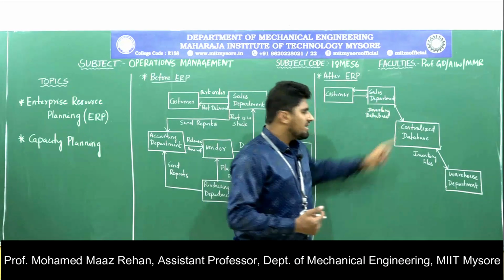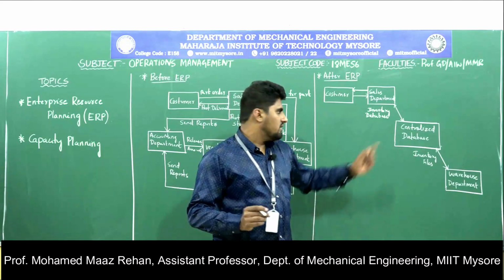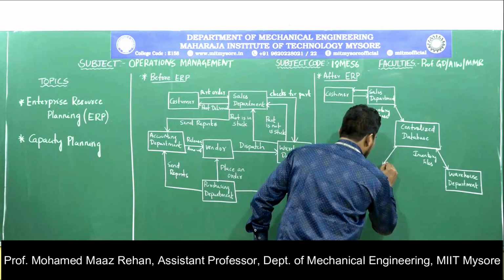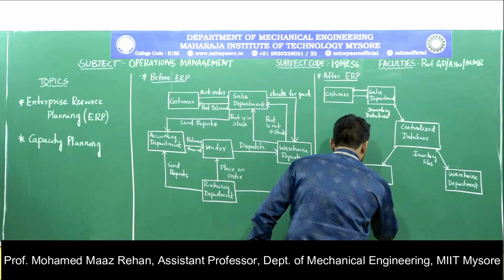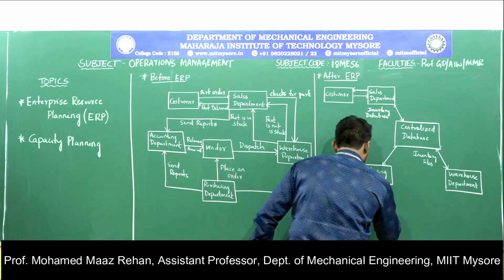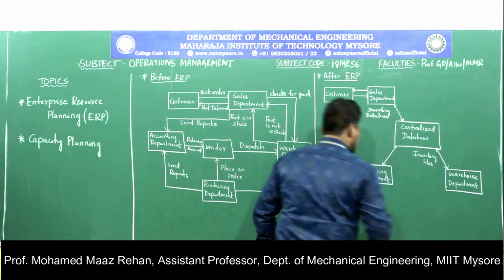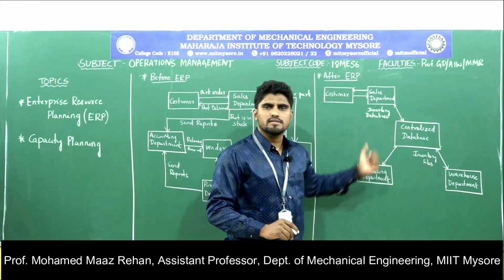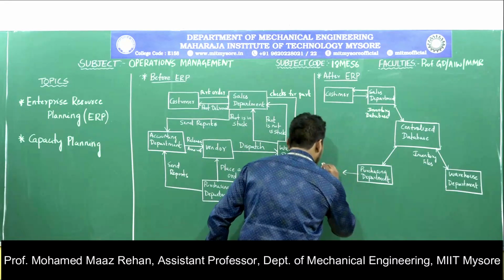Here the sales department will check, okay, so and so product is not available in the organization. So it will automatically trigger a message to the purchasing department. The system sends a message to the purchasing department telling that so and so product is not available in the organization, so place an order with the vendor.